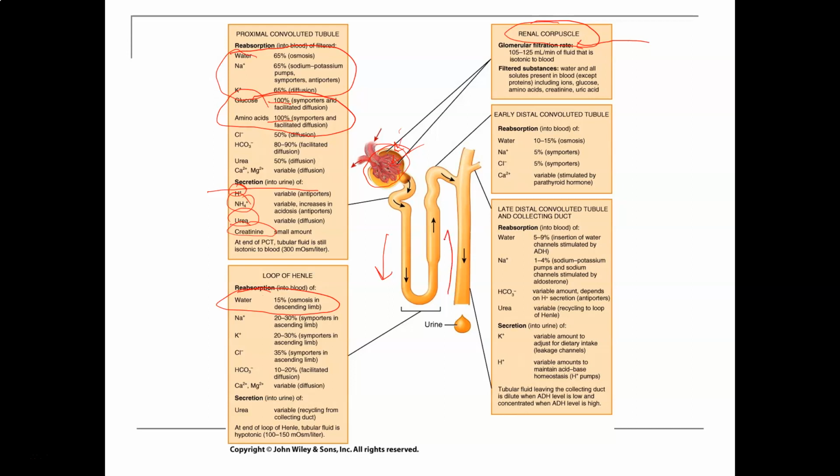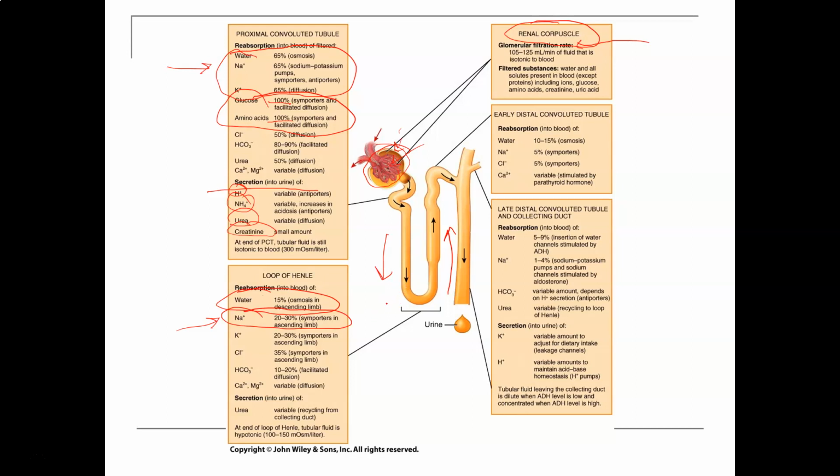And then for the ascending limb of the loop of Henle, one of the big events going on there is additional sodium reabsorption. You already reabsorbed some up in the proximal convoluted tubule, but here we're reabsorbing more. We need to keep lots of sodium in our blood. As we'll talk about in a later lecture, it's one of the main electrolytes.